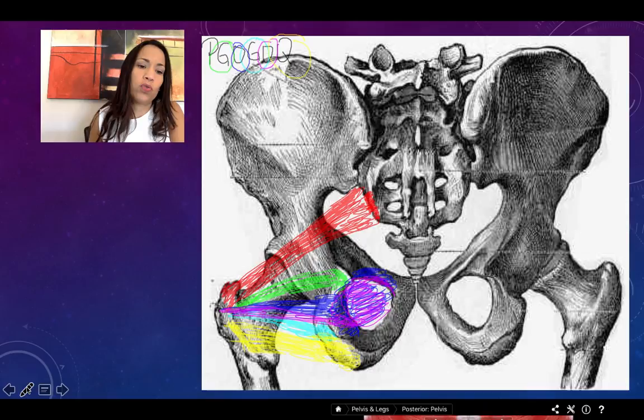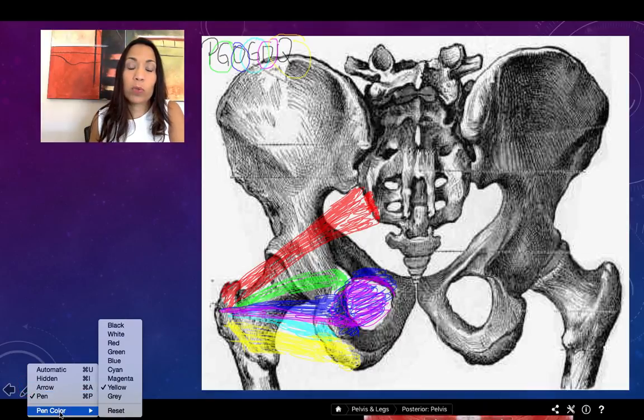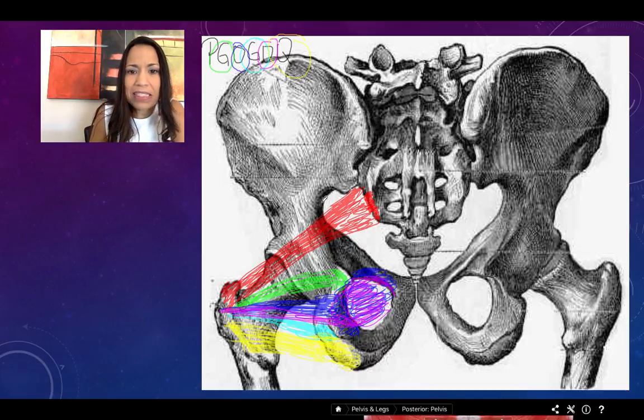Now, I want you to notice something. Let's see, maybe in green we can make a statement in here. Do you remember the name of this notch? The greater sciatic notch. In here, the sciatic nerve is passing through.